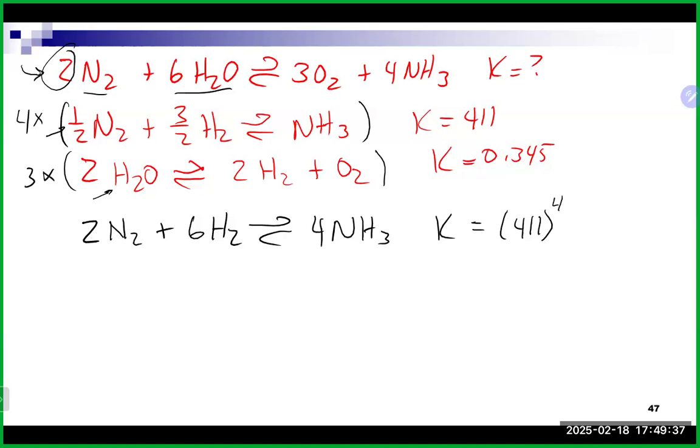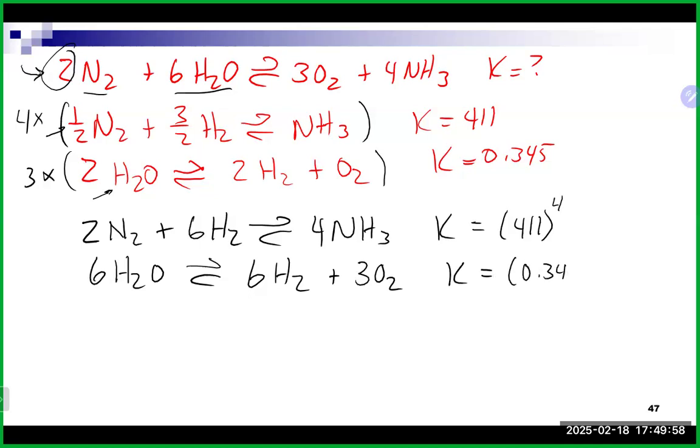If I do that, that gives me 6 H2Os, goes to 6 H2s, and 3 O2s as we do that. Once again, we multiply by a common number of 3, so in this case, we need to cube the K value.